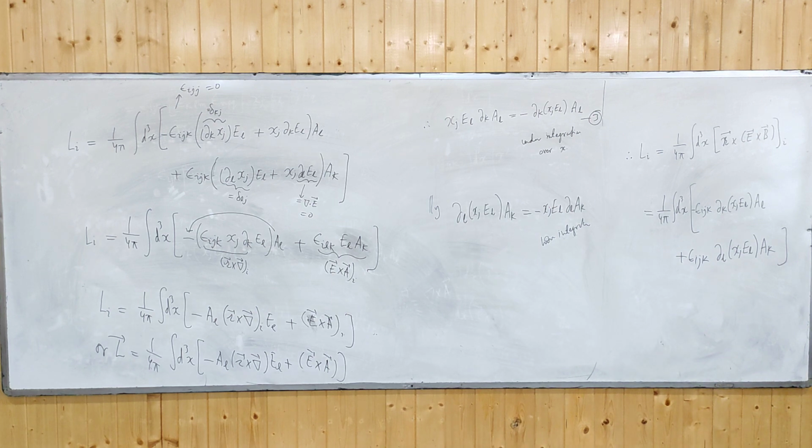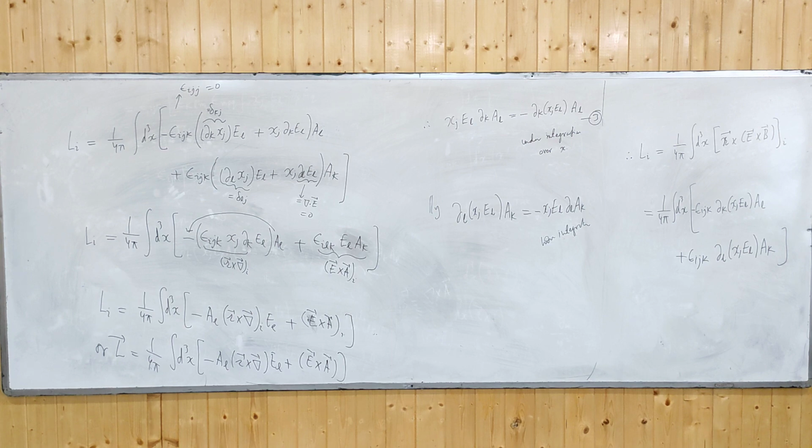If you are having r cross p as an angular momentum, you will define it with respect to an origin. Okay? You know it? So the usual angular momentum you always define with respect to the origin, is it? We call that origin dependent angular momentum the orbital angular momentum. So the first term contributes to the orbital angular momentum of the field. And in the second term you are having only E cross A, it does not depend on the origin.